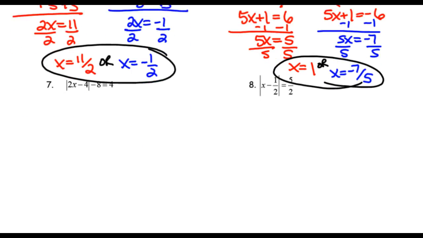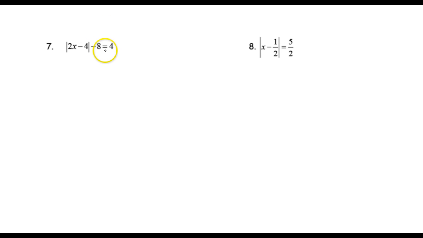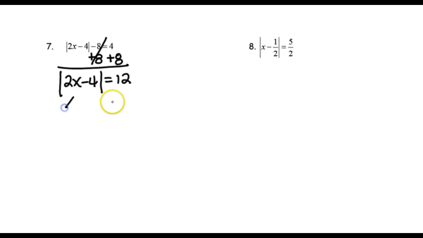All right, let's scroll down and do number 7 and number 8. Number 7, again, if you feel like challenging yourself, hit pause, try the problem, then hit play to see if you did it correctly. So you're going to add 8 to both sides. When you do that, you're going to get the absolute value of 2x minus 4 equals 12. Now we can split it into two equations. 2x minus 4 equals 12, and 2x minus 4 equals negative 12.